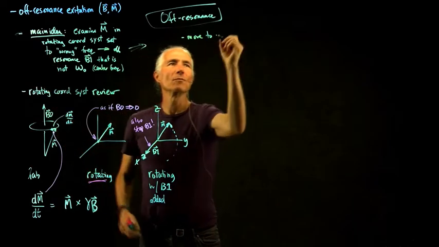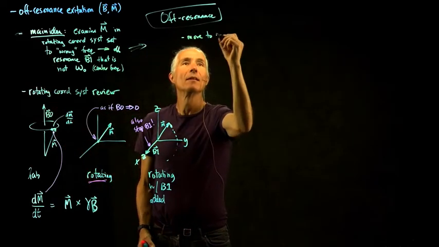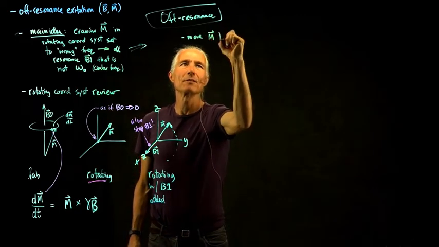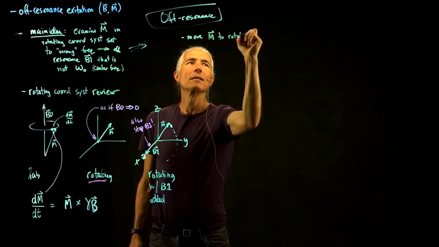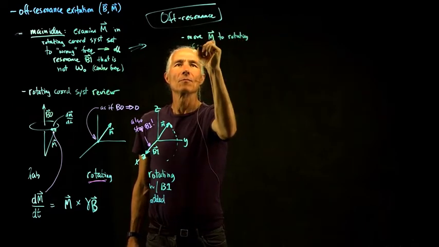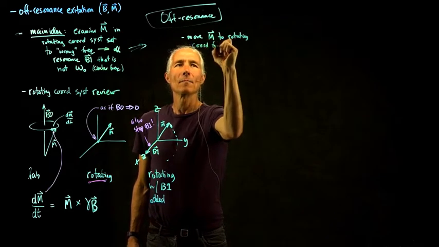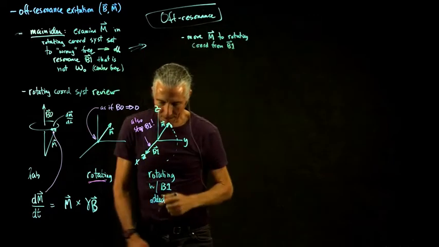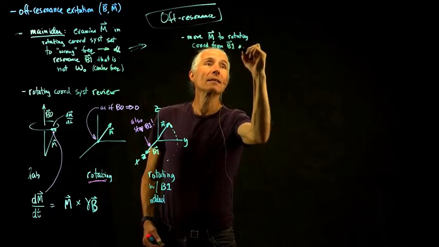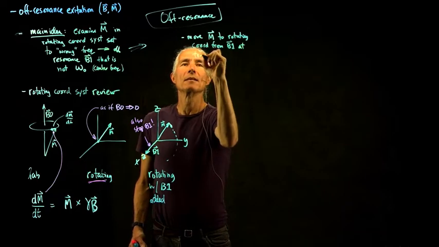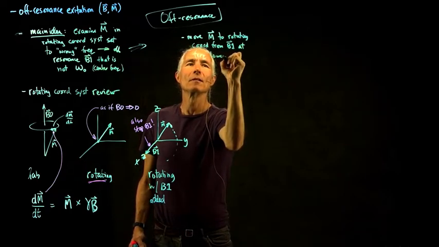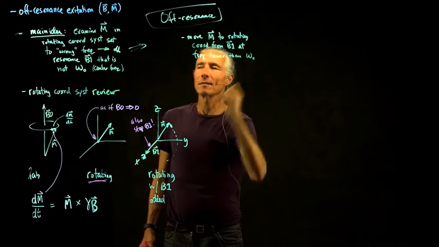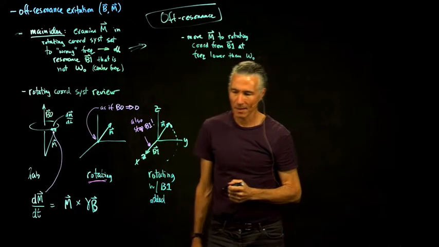So let's move the M vector to the rotating coordinate system from the B1 that is at a frequency that's lower than the center frequency that the protons, that M1, is resonating at.